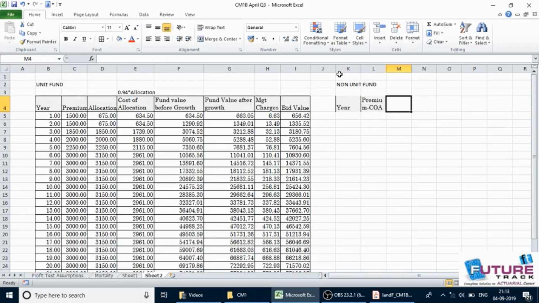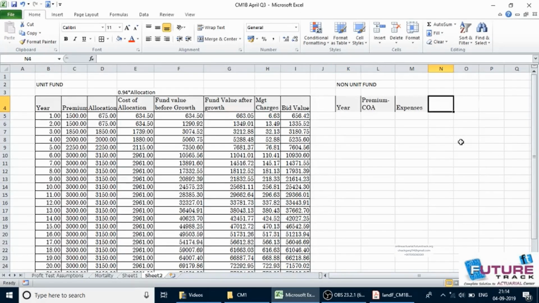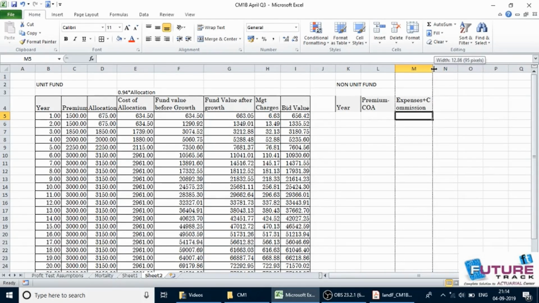After this we have expenses. Expenses inclusive of both expenses plus commission I am making combined.